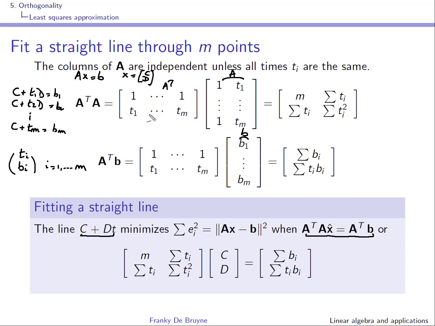And the second line times the second column will give me the sum of the squares of ti. You can compute A transpose b, you'll end up with something like that, and you find a very simple 2x2 system of equations that you can obtain very easily. So next time that you have to fit a straight line through m points and you don't have MATLAB or Excel, this can be done rather easily, even by hand.